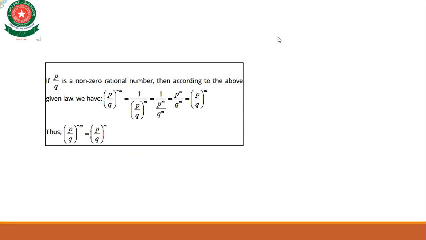Then we have 1 over p^m over q^m, so it is equal to q^m over p^m.